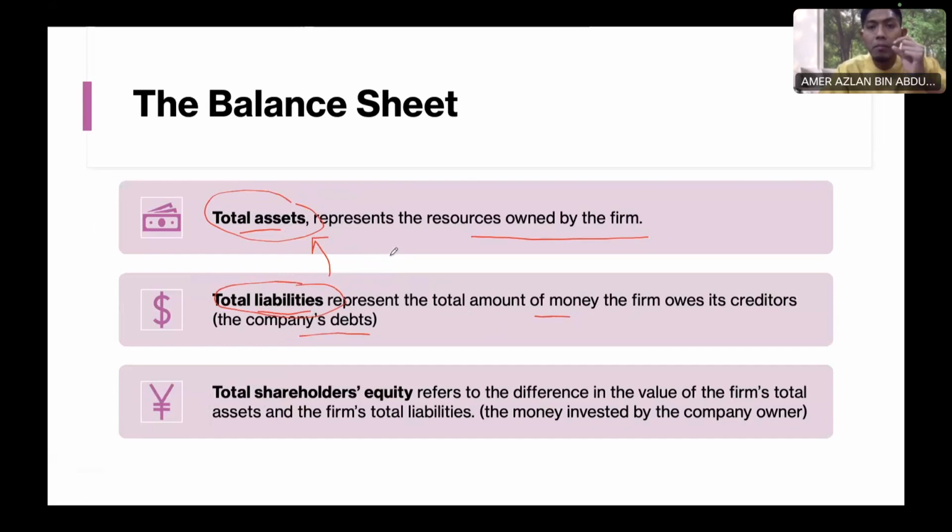So that is why it's the company's debt, the amount of money the firm owes to its creditors. And these creditors could be banks, financial services, or bondholders.